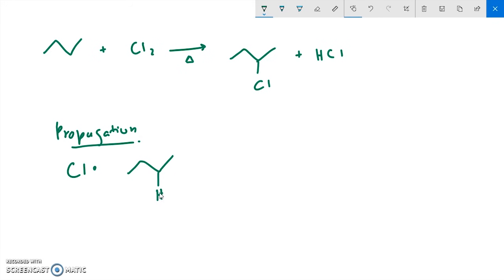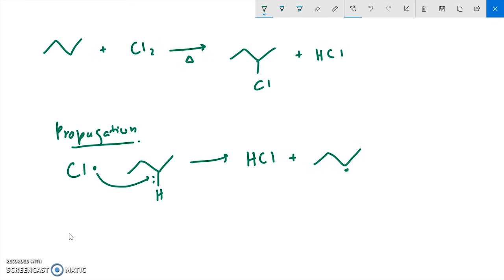The carbon and the hydrogen also consist of a covalent bond which has 2 electrons in it. The chlorine will attack the electron, resulting in the formation of HCl. The side product will be a butane radical.